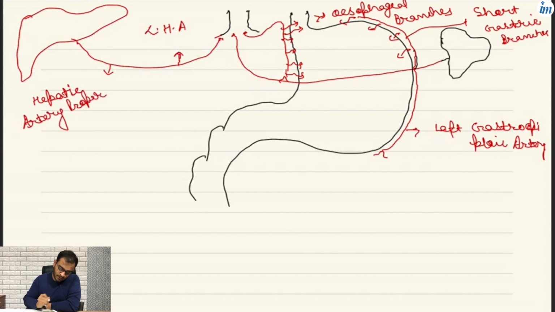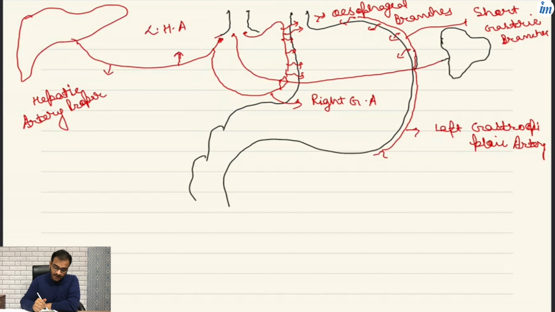From the common hepatic artery we have one more branch, which anastomoses with the left gastric artery, known as the right gastric artery.